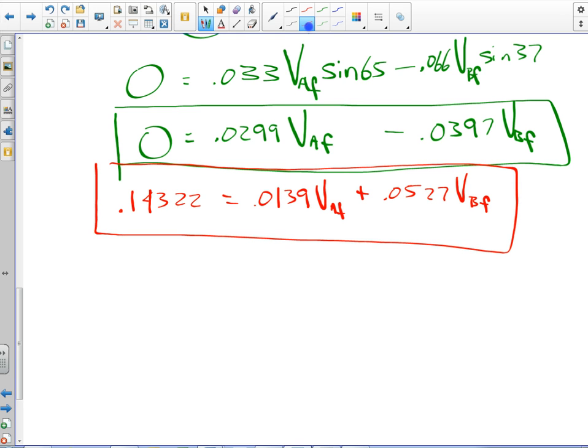Now I have two equations and two unknowns. There's a variety of ways you could solve this. I'm going to do it this way.